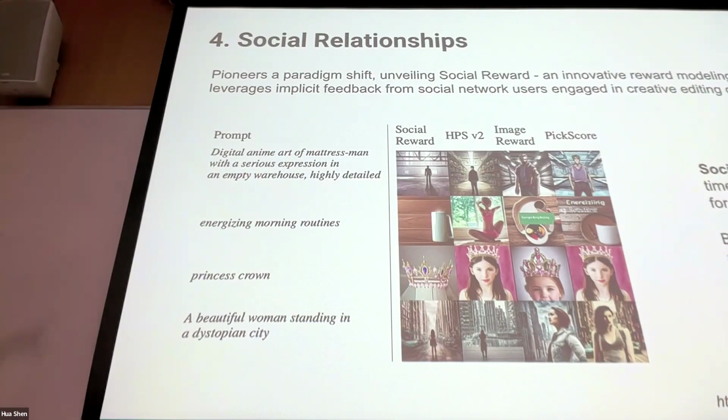For example, if it's energizing morning routines, this is the image selected by the social reward scoring model, and these are the three pictures selected by the three other methods. They would need some user study to prove that their social reward is better than all the other scores. You can check whether they have the human study.